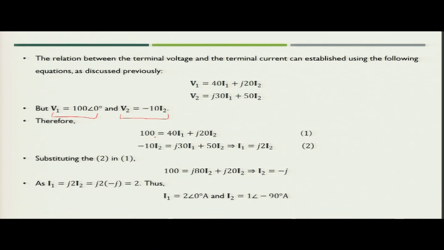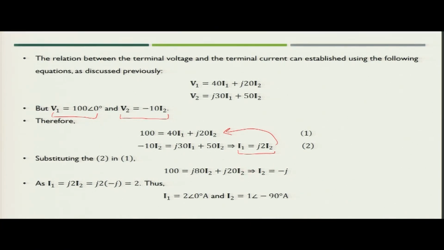So, we get 100 equal to 40 I1 plus j20 I2, and when we put the value of V2 as minus 10 I2 in the second equation and simplify, we get I1 is equal to j times 2 I2. Now, if you put the value of I1 in equation 1, you can say that 100 is equal to j times 80 I2 plus j times 20 I2, equal to 100.